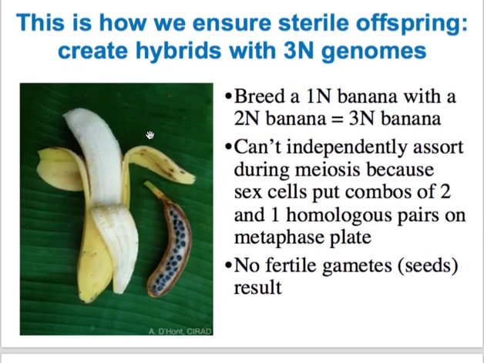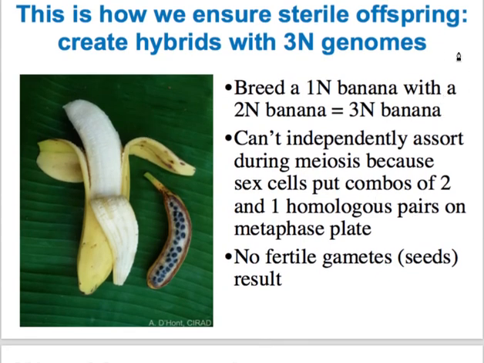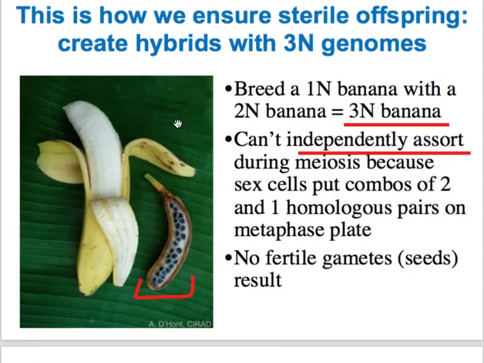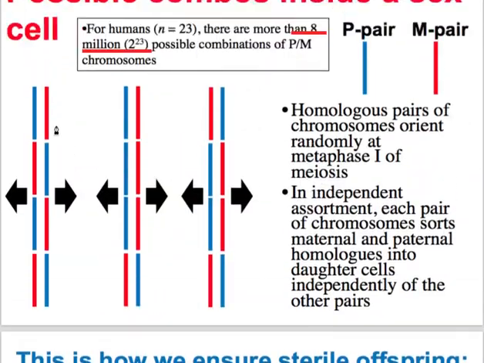Okay. This is kind of neat. This is how we ensure sterile offspring. This is a wild banana. Those are seeds. They are basically like buckshot, and they will break your teeth as far as I've heard. What we made and what bananas really have, these are 3 genome bananas. These cannot independently assort because if you're up here, which side is going to have 2?